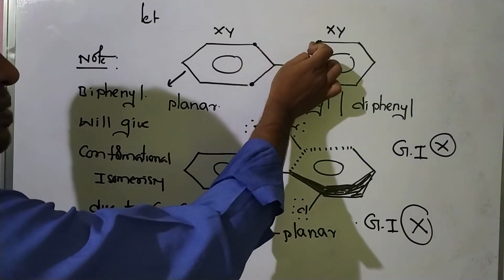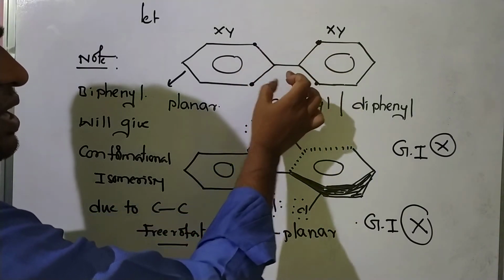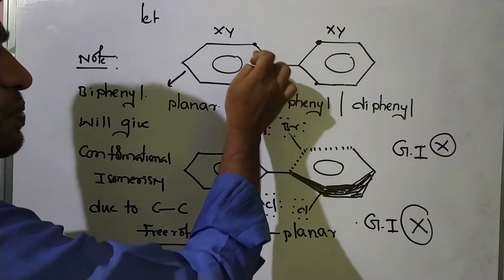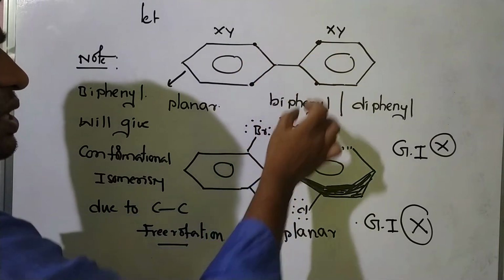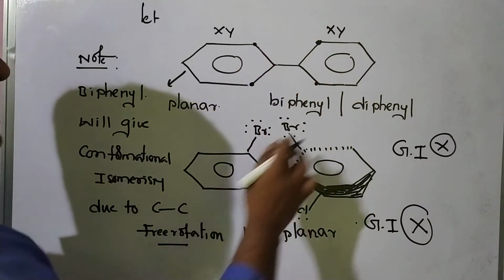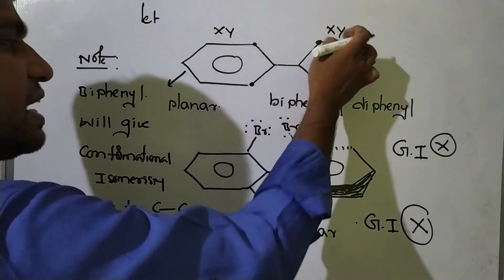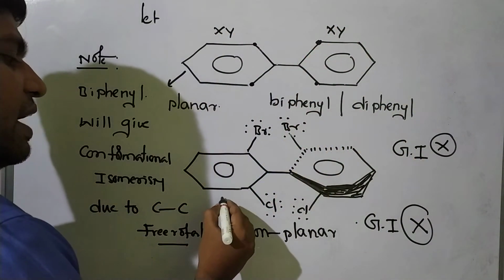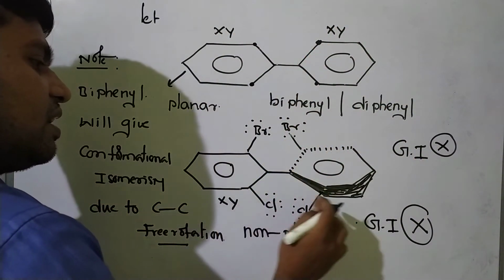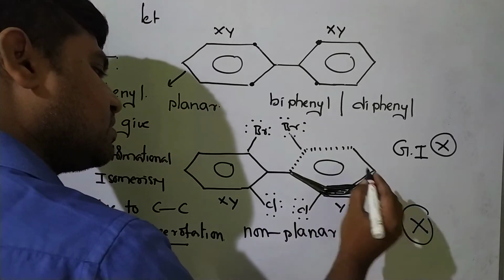In the absence of bulky groups at ortho positions, the molecule is planar. After introduction of bulky groups at these four ortho positions, now what happened? This is the xy plane, and it becomes the yz plane. Now this is xy, now this is yz.